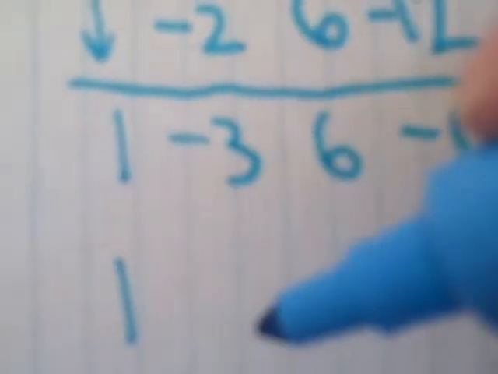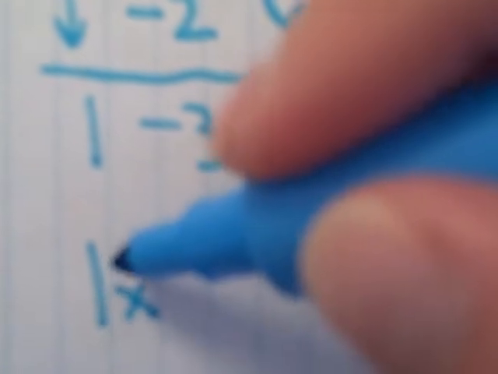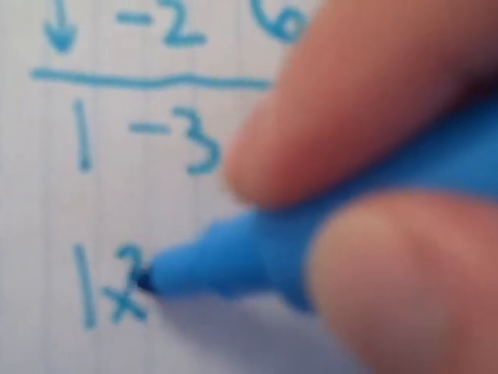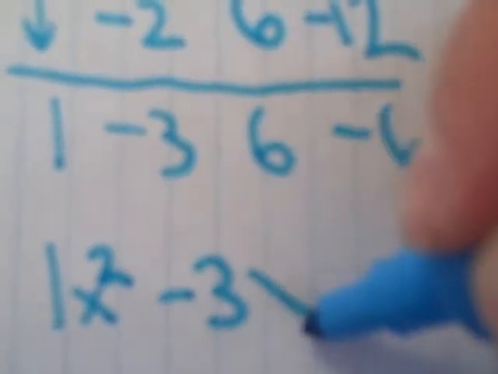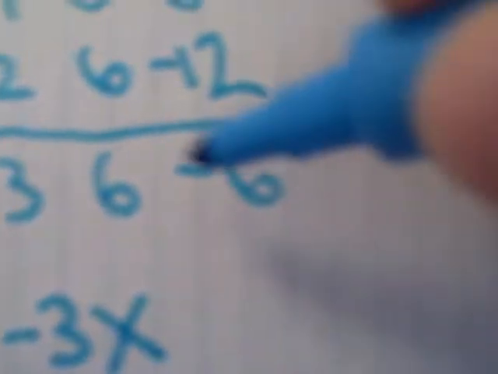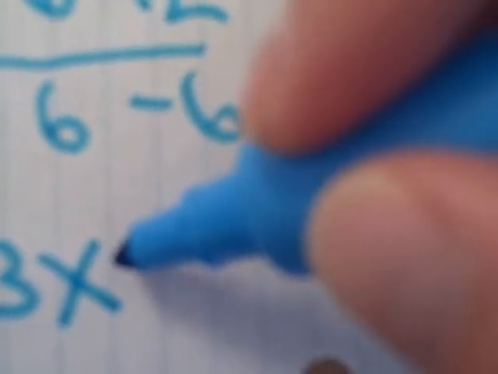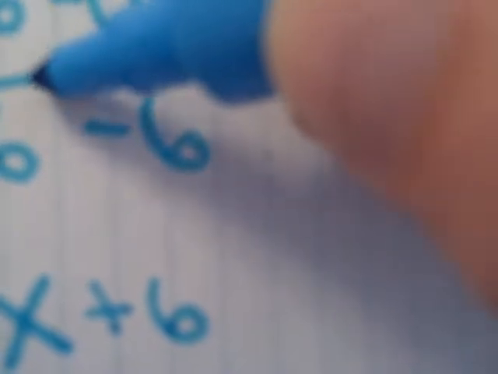But since we started off with an x cubed in the problem, just for synthetic division rules, we would bring that down 1 degree, so that would equal 1x squared. The negative 3 would be brought down to x, and then there would be a plus 6 after the x, and then the remainder would be negative 6.